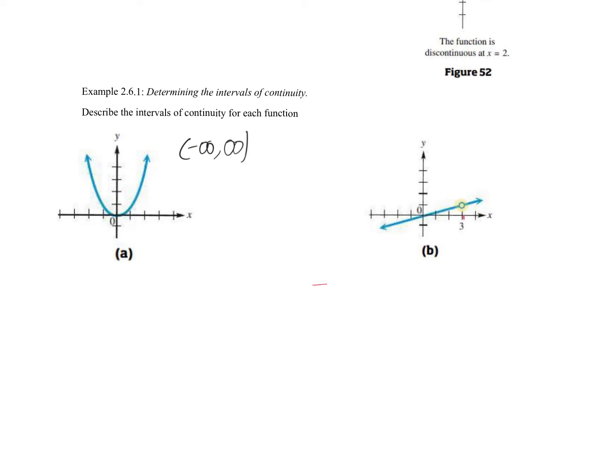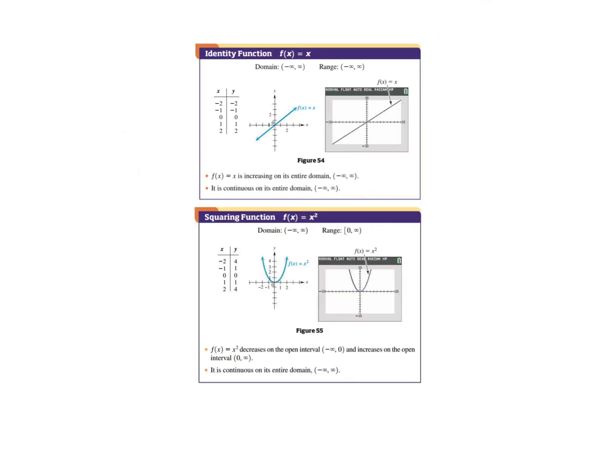And so we'll have negative infinity to 3, and then, of course, from 3 to infinity. Okay. And so, of course, that 3 being excluded says that, hey, at 3, there is some kind of discontinuity here. So that's kind of the baseline definition of continuity. And in an algebraic sense, that's kind of enough for us.